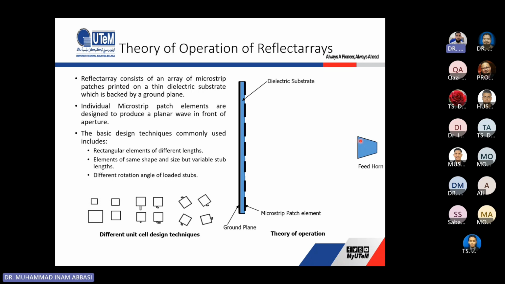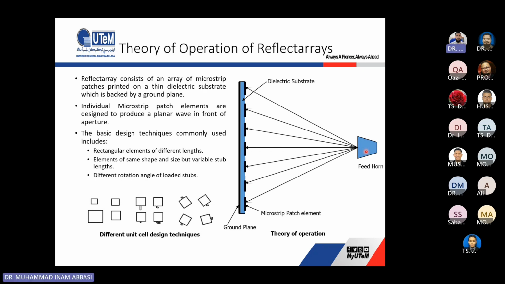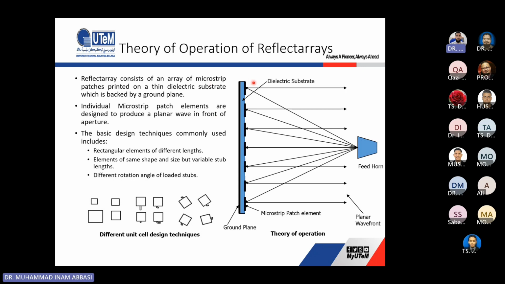Same as the parabolic reflector, we have a feed horn placed at a certain distance, and then we have input from the feed horn, and the electromagnetic waves are reflected back from this reflectarray. So this part over here is the reflectarray, and this is the feed horn antenna. What we aim for is to get a planar wave after the reflection from the reflectarray. How this converts the spherical wave into a planar wave depends on these microstrip patches.